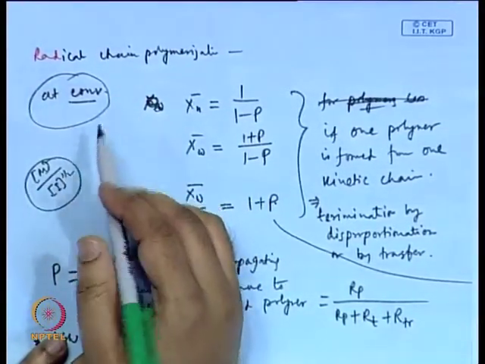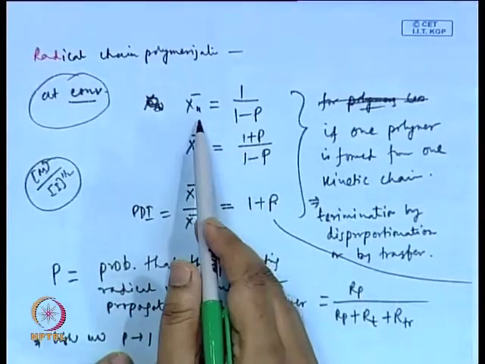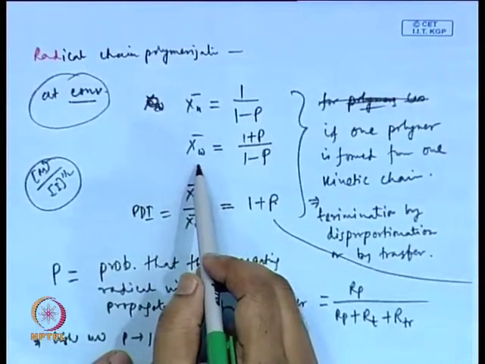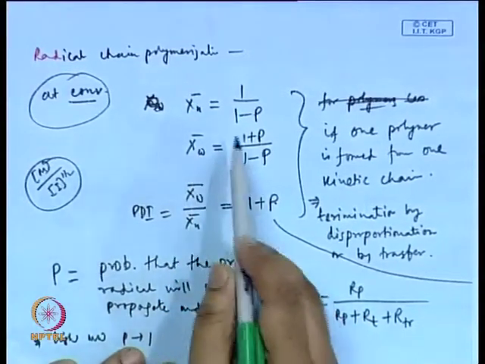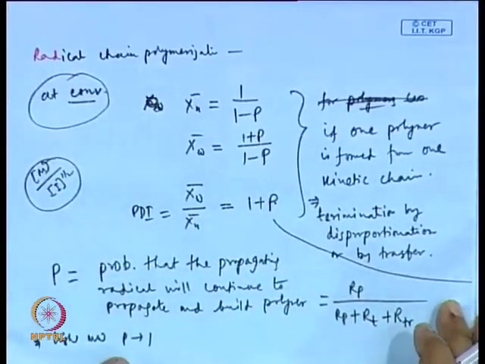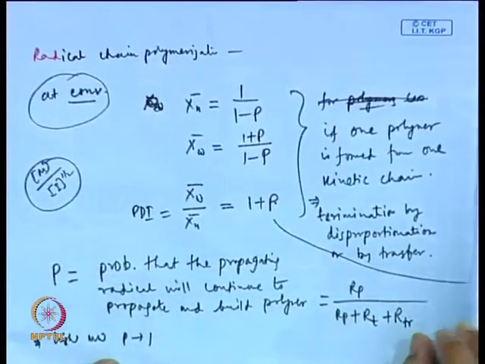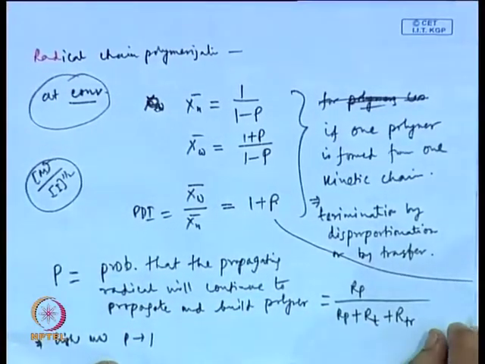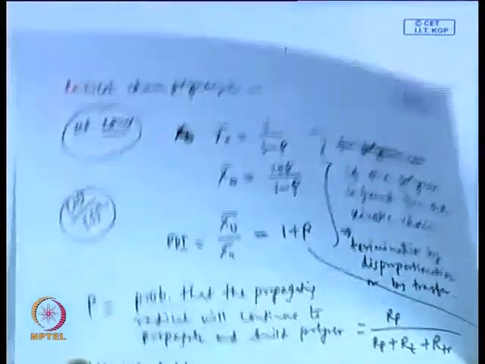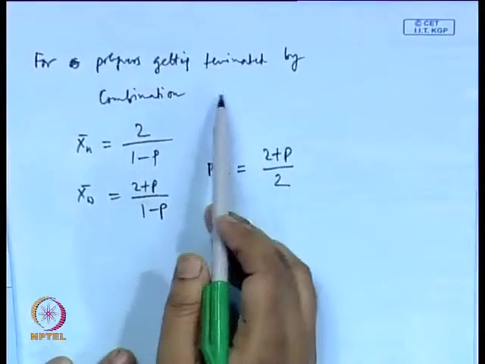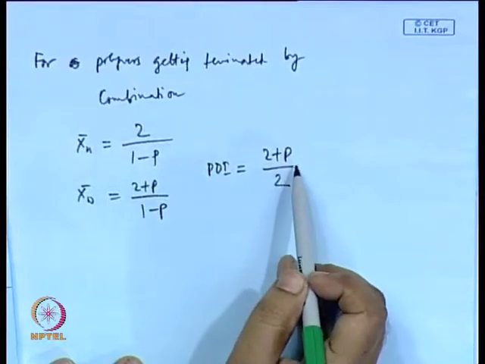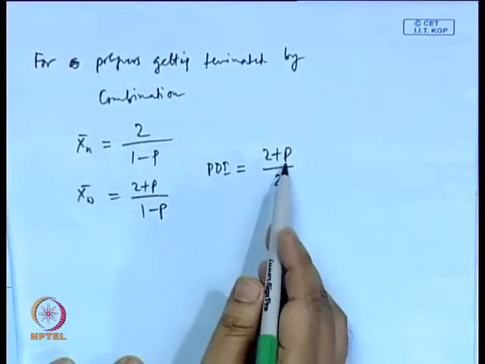So, the number average degree of polymerization, the weight average degree of polymerization and the PDI are given by these expressions. I am not going into the details of the derivation, it is a complicated process, whereas P is the probability that the propagating radical will continue to propagate and build polymer, which is Rp divided by Rp plus Rt plus R transfer. If the polymer is terminated by the combination reaction, then it is given by this, and as I said, for high molecular weight polymer P is 1.